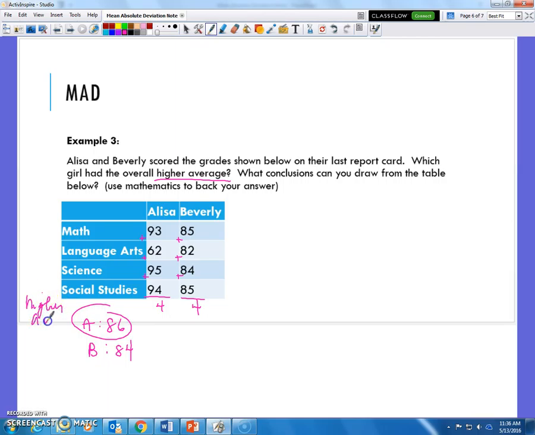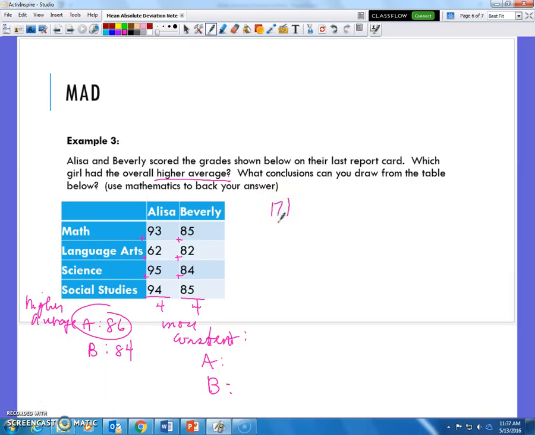Higher average. Now let's decide who's more consistent. Is it Elisa or Beverly? So to find Elisa's, we know her average was 86. I know 93 minus 86 is 7. 62 minus 86 would be negative 24.